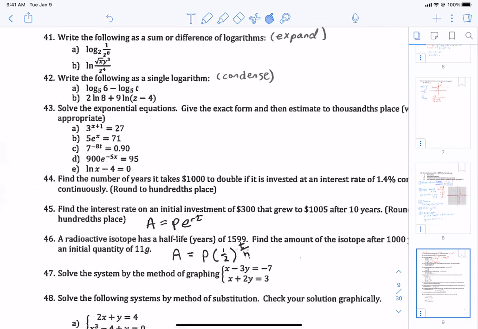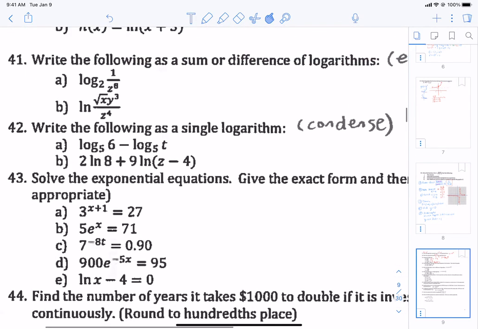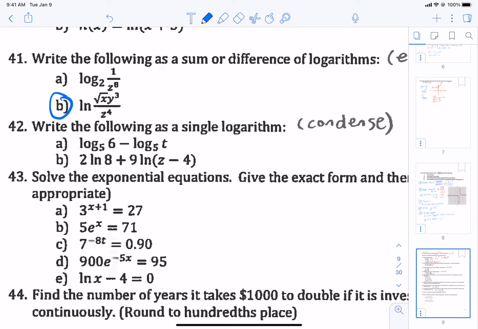Let's talk about condensing and expanding. Okay, so let's do B for 41. Anything on top becomes an addition for each factor. You'll notice that I wrote square roots as 1/2 power. That's a common thing.